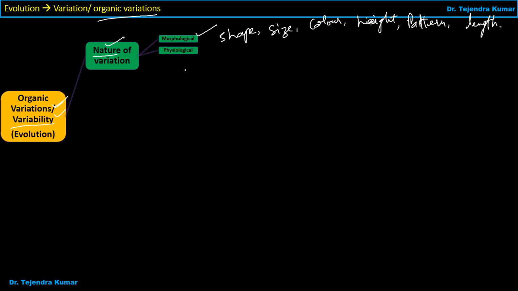The second nature of variation is the physiological. If you see the physical activities or processes, then we can find it. It includes functions or physical activities.